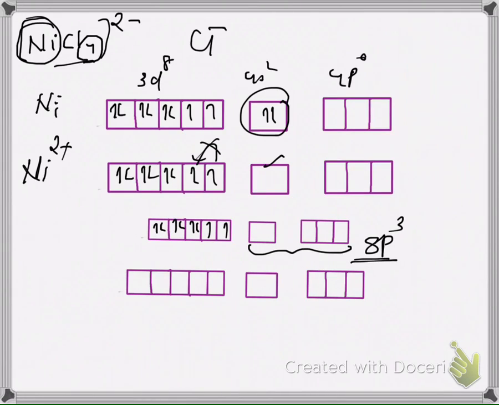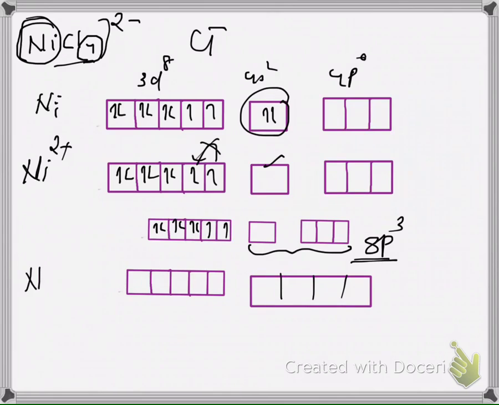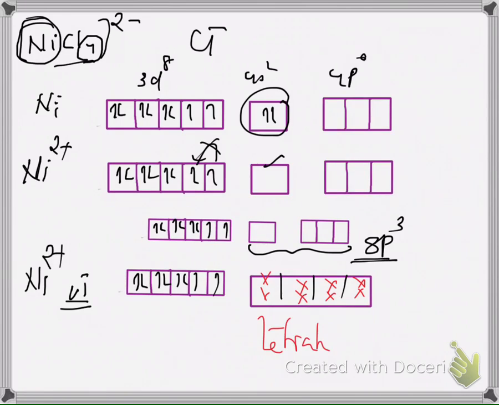sp3 hybridized. So what do we get? Nickel 2 plus in the presence of Cl minus, which is a weak ligand. Configuration is like this, and now you will get lone pair electrons from Cl minus, and the shape is again tetrahedral, as the hybridization is sp3.